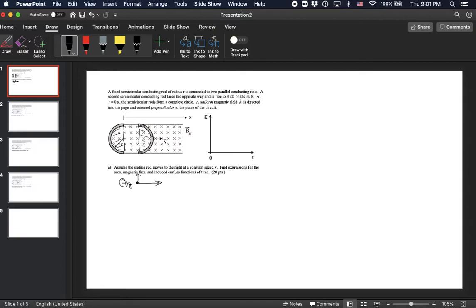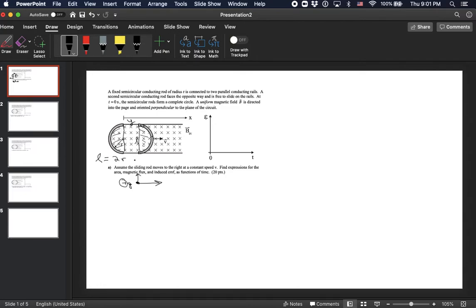Now, the thing that's changing is this rectangle. I'm going to call this y the width, and this here is the length, and we'll call that length L. That length is equal to 2r, because it's twice the radius of that circle.